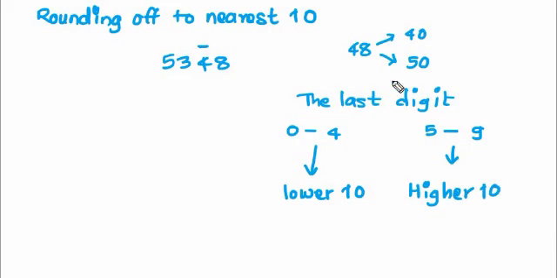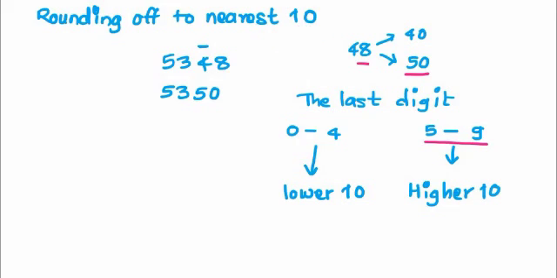So now in our case, our last digit is 8. It is between 5 and 9, and hence we will round off to the higher 10, which is 50, and hence the number which we will be rounding off to is going to be 5,350.